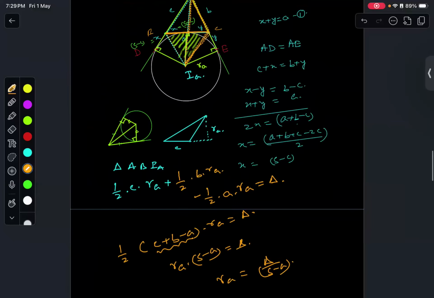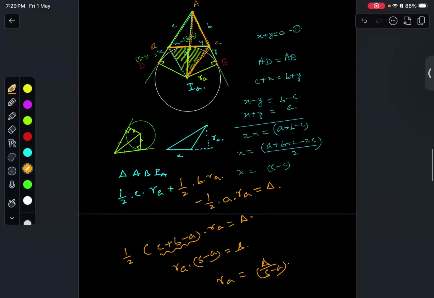Note down carefully. If there is any confusion, just ask. We just have to form triangle, triangle, and triangle. Can you see the triangles? Can everyone see all the triangles?